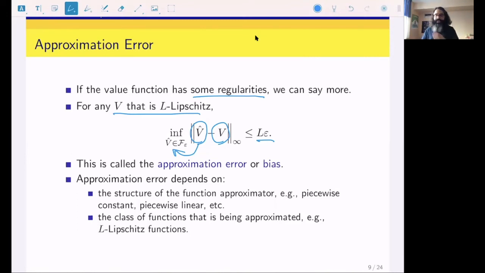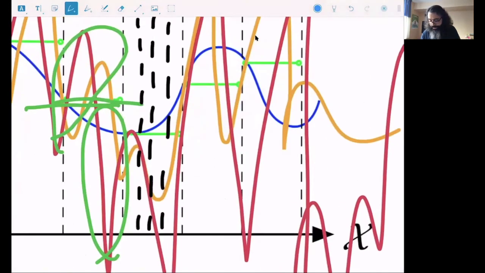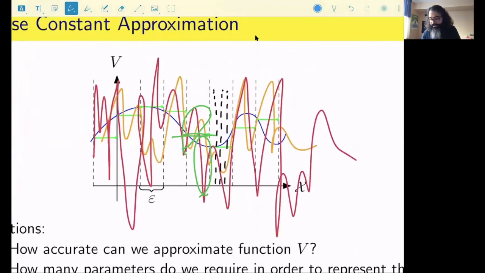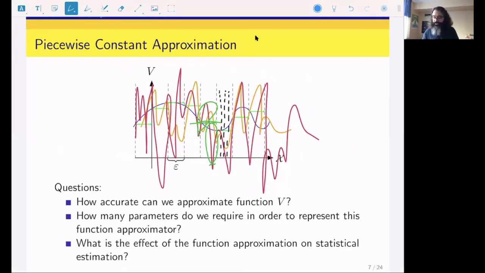In the previous examples that I had here, these functions are Lipschitz, the red one or the orange one, but the Lipschitz constant is going to be much larger than that of the nicer blue curve that is hidden right now. And that's why our approximation quality would be lower.